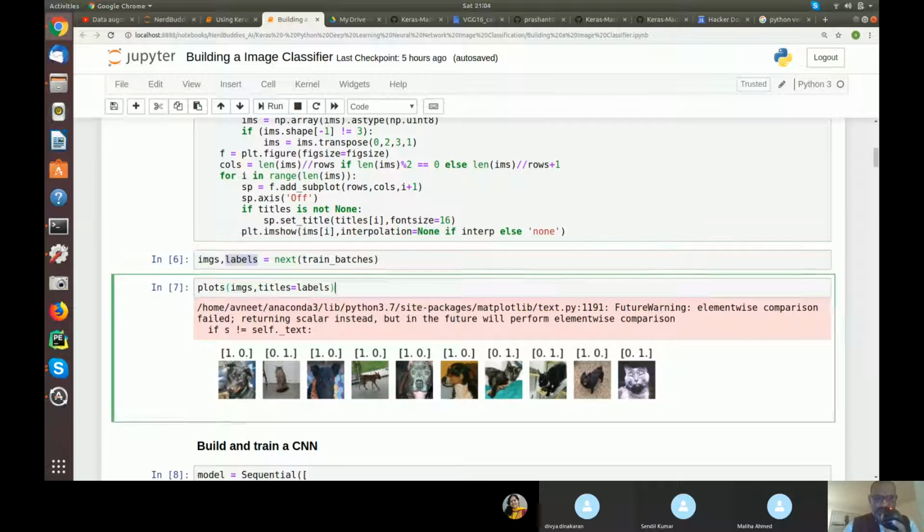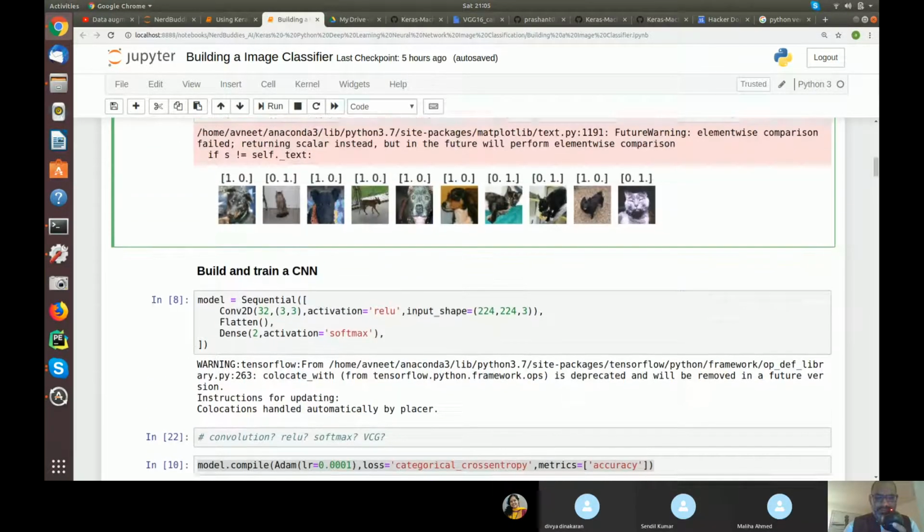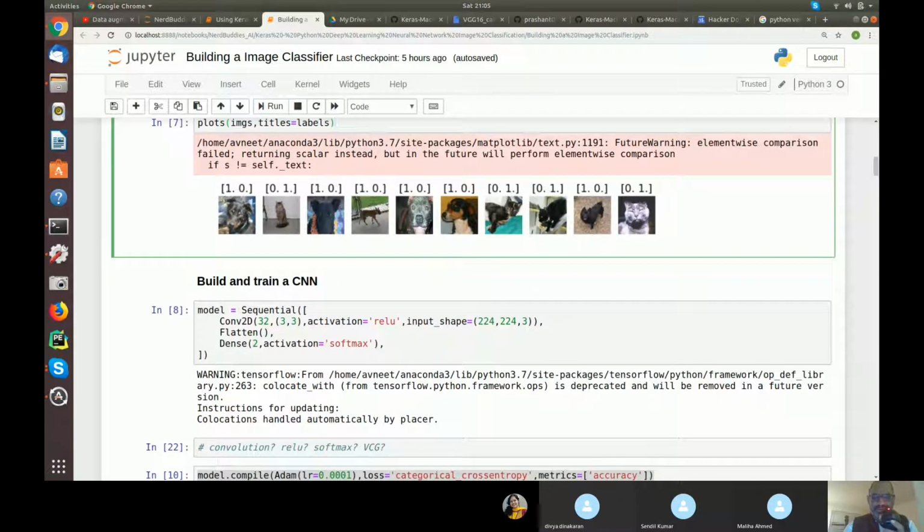If you run that, it'll plot them. Here 1, 0 means a dog, 0, 1 means a cat. It's randomizing how it pulls the data, so you'll see different dogs and cats, but the labels should remain the same. Does that sound okay?